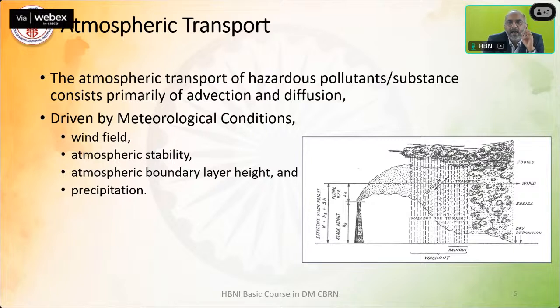I think I have briefly explained this with this graph in the earlier course, in the first part of our course. Basically, atmospheric transport is driven by meteorological conditions that include wind field, atmospheric stability, atmospheric boundary layer height, and precipitation, etc.